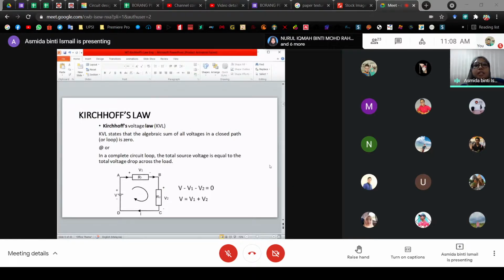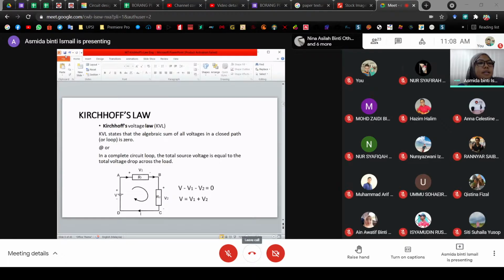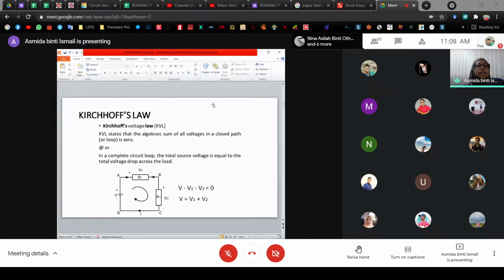This is Kirchhoff law for the voltage. Kirchhoff voltage law states that the algebraic sums of all voltage in an enclosed path or loop is equal to zero. Or in a complete circuit loop, the total source voltage is equal to the total voltage drop across the loop.